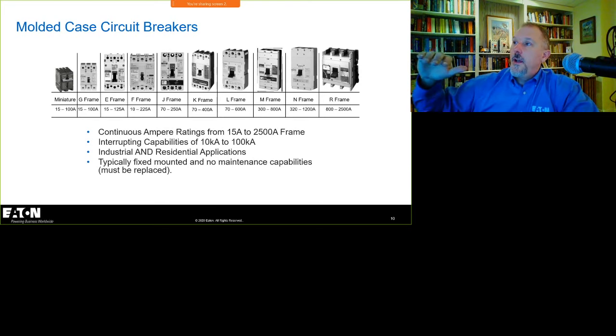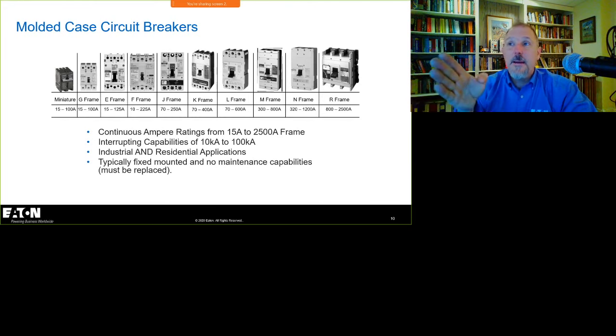And you'll notice the K frame goes from 70 to 400. The L frame goes from 70 to 600. So I can buy a 70 amp K frame and a 70 amp L frame and a 70 amp F frame and a 70 amp E frame, all the way down to a 70 amp miniature.